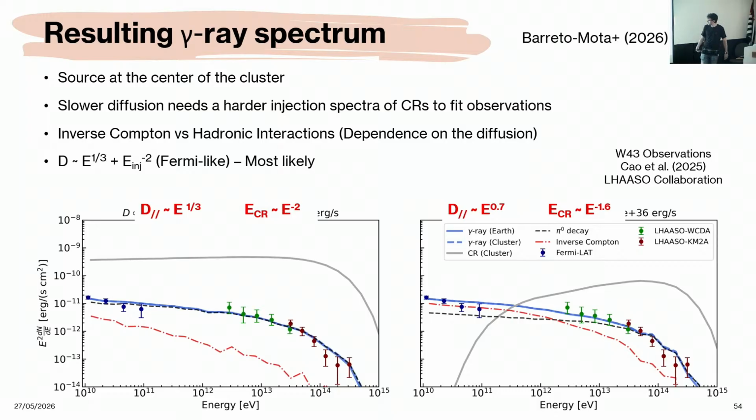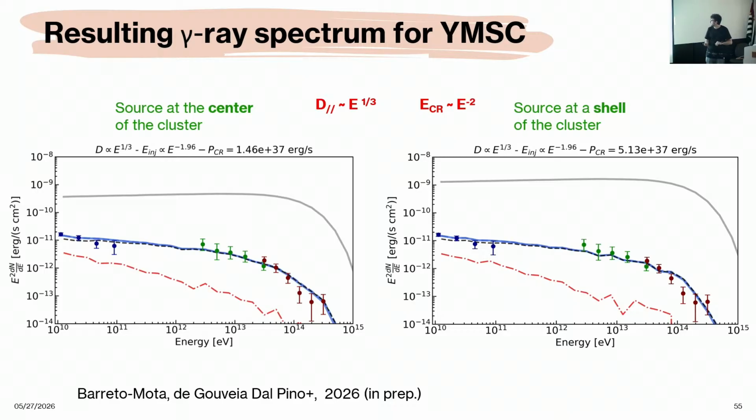And one other thing is that there are different contributions between pi0 decay, so the black line here, and the inverse Compton. In this case, inverse Compton doesn't seem to be too strong, but in this case here, we would have this inversion of the contribution, especially at the smaller energies.